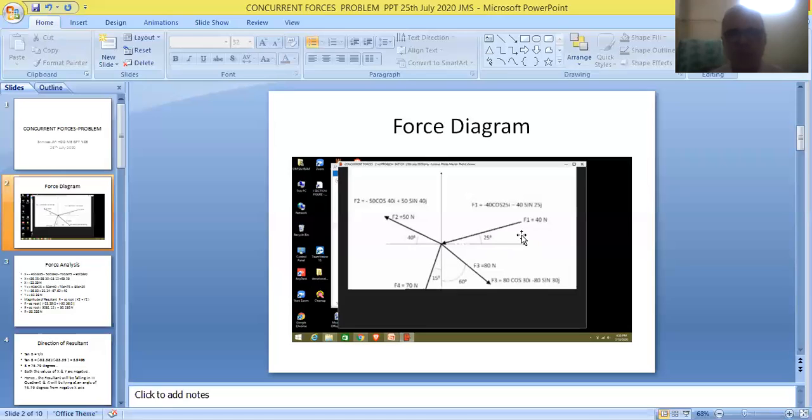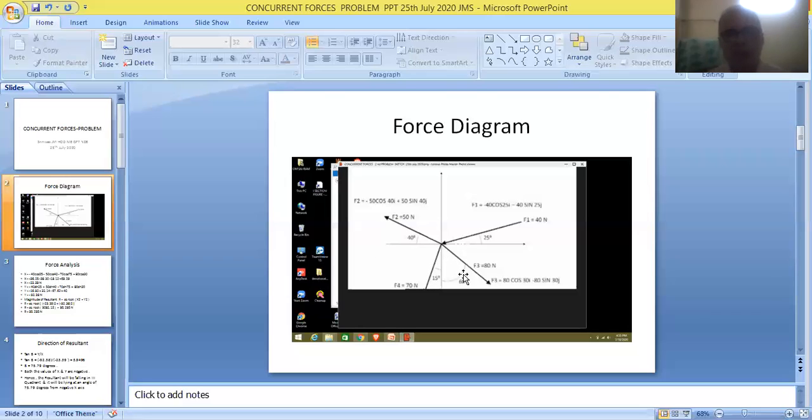Vertical component will be equivalent to 40 sin 25. And similarly, the horizontal component of this force will be equivalent to 50 cos 40, and vertical component will be equivalent to 50 sin 40.